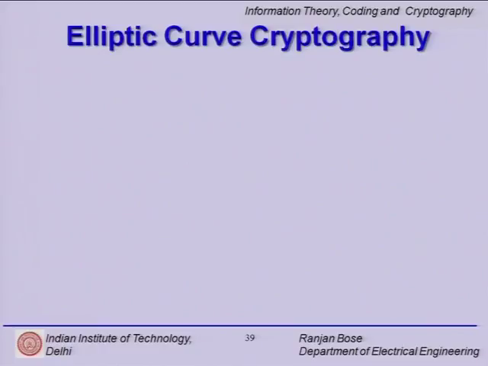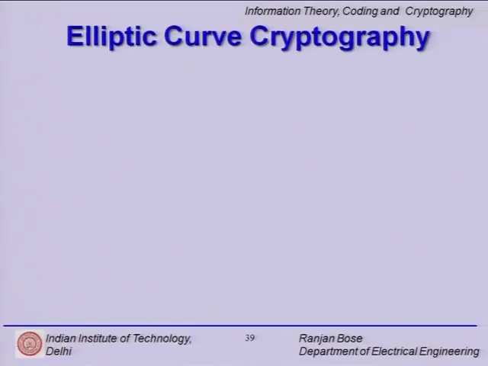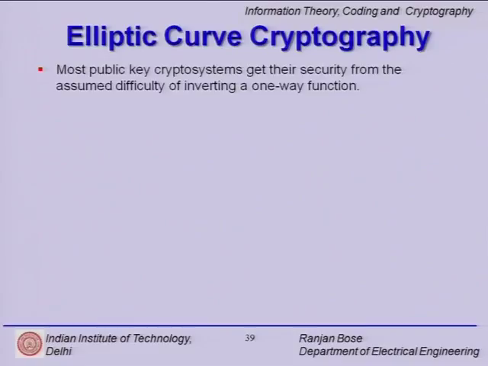Let us look at another interesting cryptographic method called elliptic curve cryptography, or ECC. So, let us see, most public key crypto systems get their security from the assumed difficulty of inverting a one-way function.